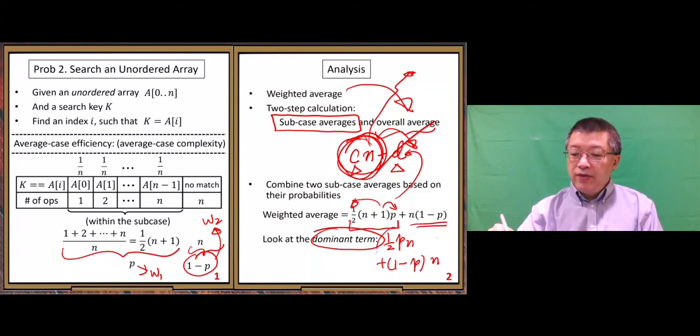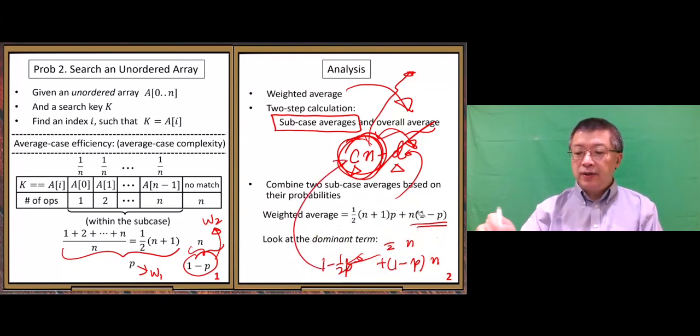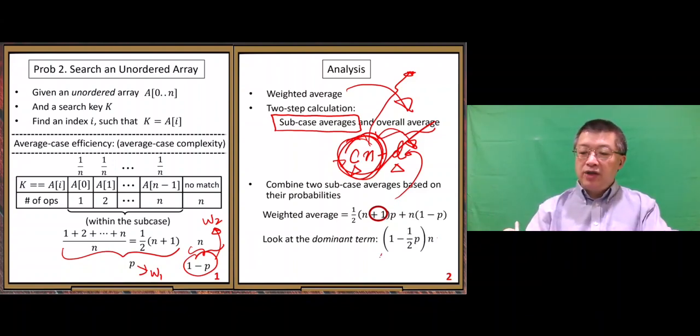We put these two numbers together, that's the C. Together, 1/2 P plus 1 minus P equals 1 minus 1/2 P. That is the C. Let me clear it out and put the final answer here. We ignore that plus 1 minus P. That contribution is too small, a minor term, so we can ignore it. So the dominant term is this.